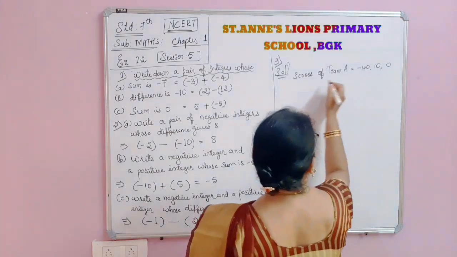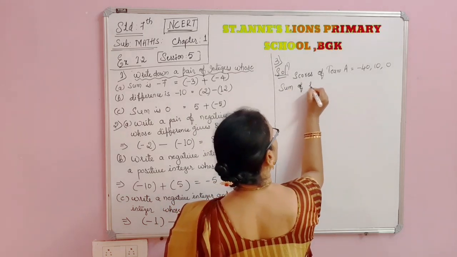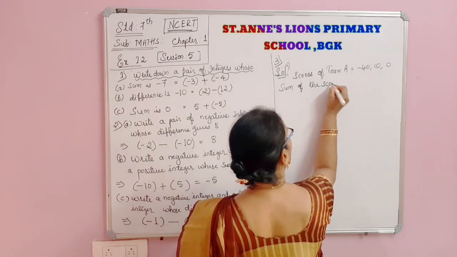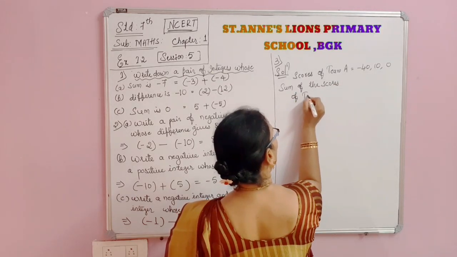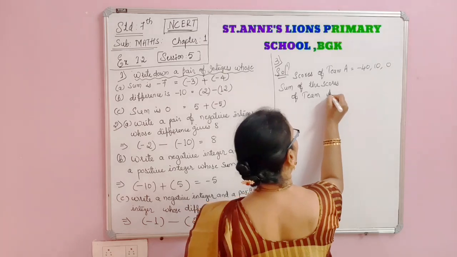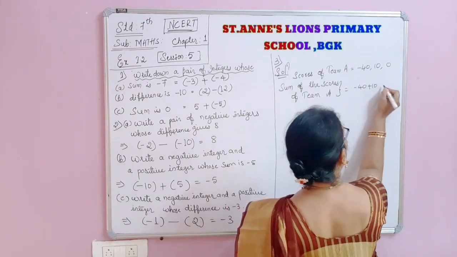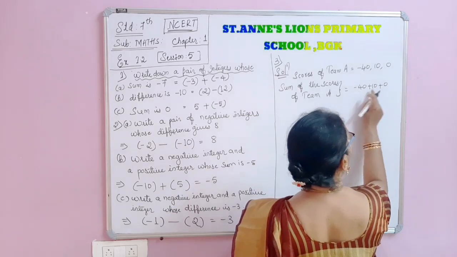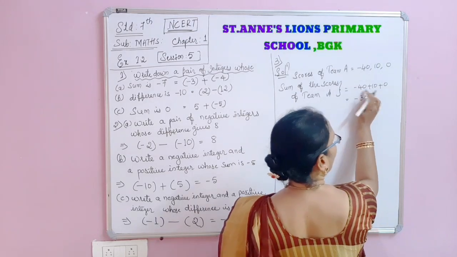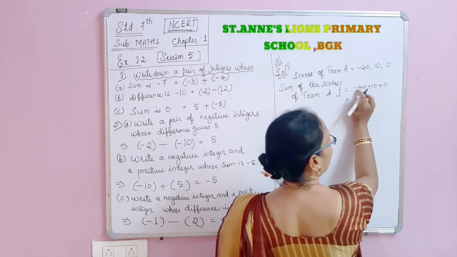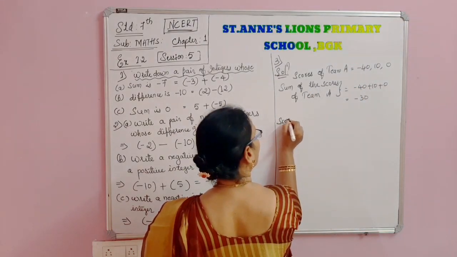Then sum of the scores of team A. What is that? -40 plus 10 plus 0. See, -40 plus 10. The answer is -30. Here one plus and one minus, we have to subtract, and the bigger number's sign will come. -30. The same way now we will do for team B.